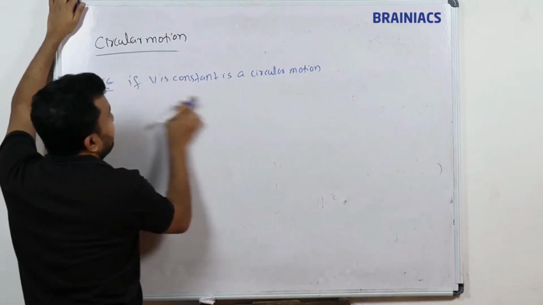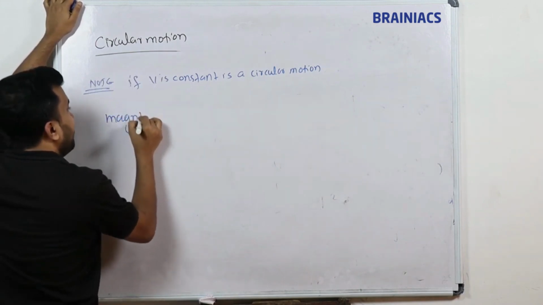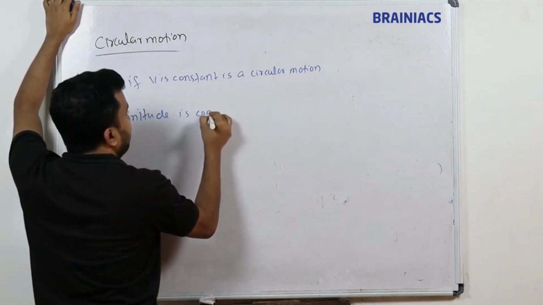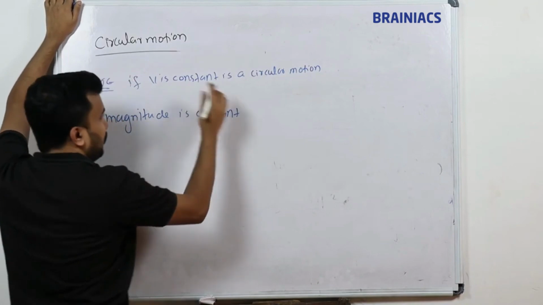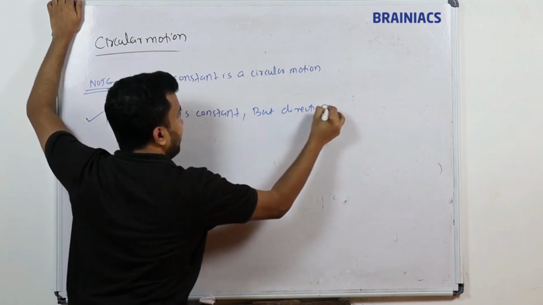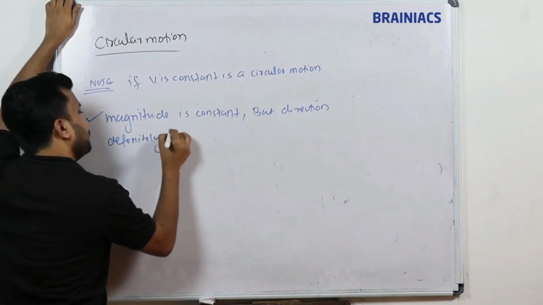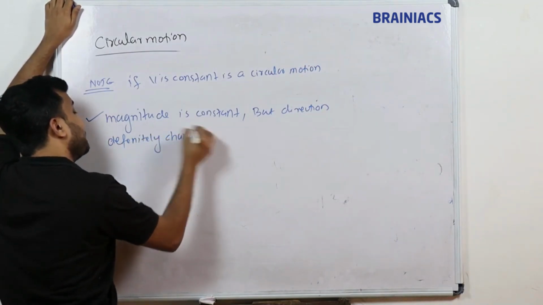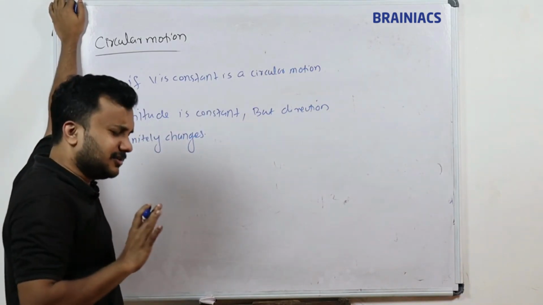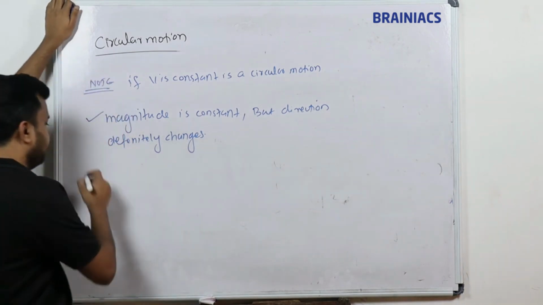If you get a statement like this, if V is constant in circular motion, you have to remember this point: magnitude is constant. This is the indication in short. But direction definitely changes, because it's a circular motion. Circular motion velocity is not constant. If somebody says velocity is constant, you have to remember magnitude is constant, but direction is not constant.